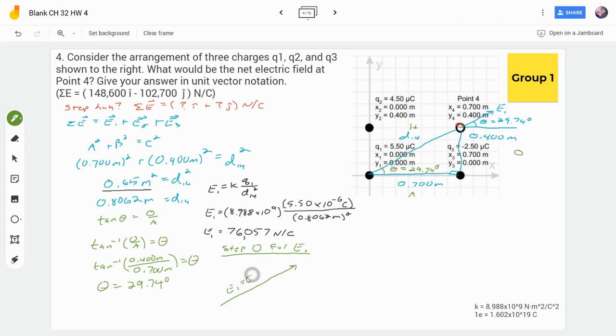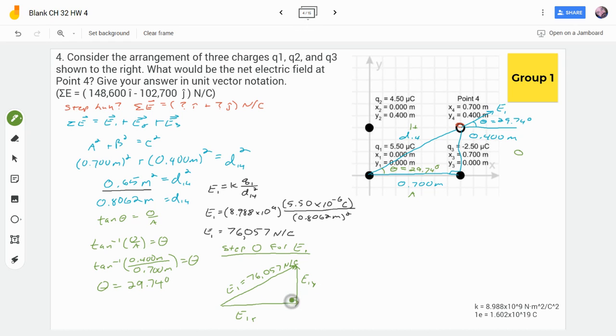E1 is equal to, I'm going to keep all these numbers, 76057 newtons per coulomb. What I want to know is E1x and E1y. So I need these components.